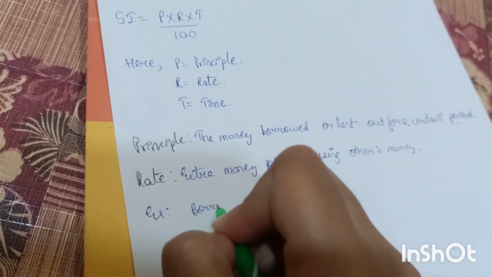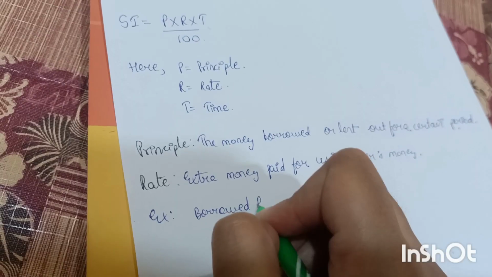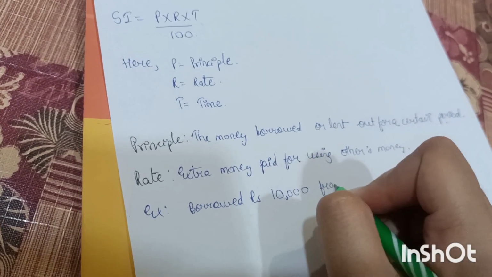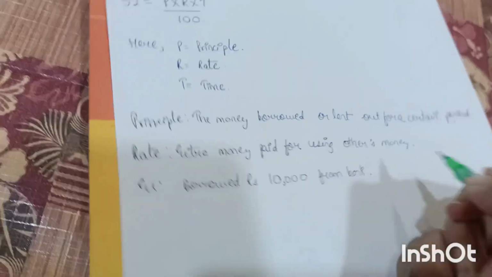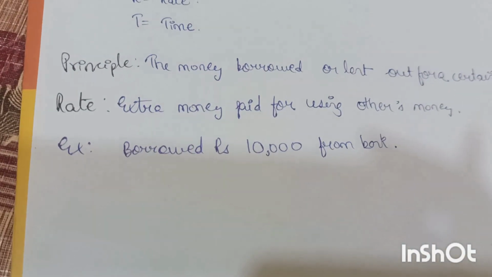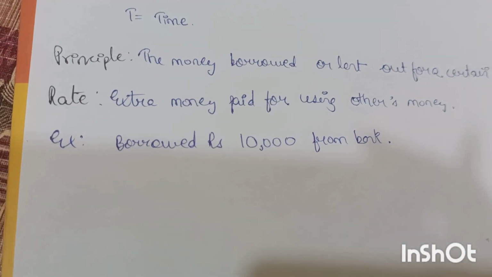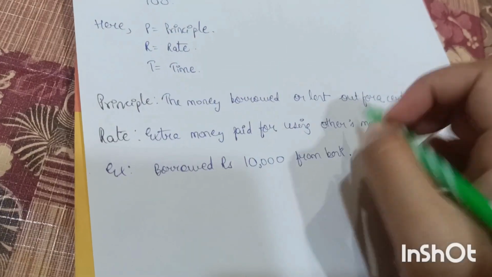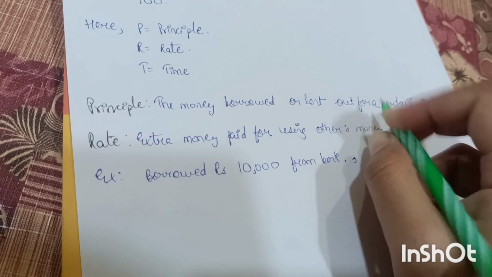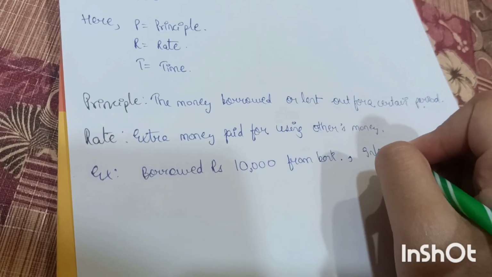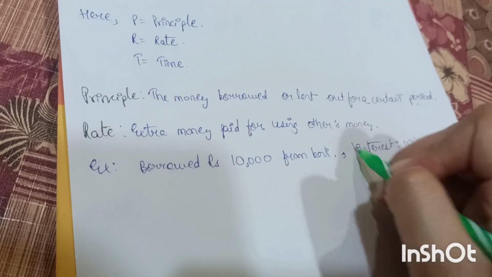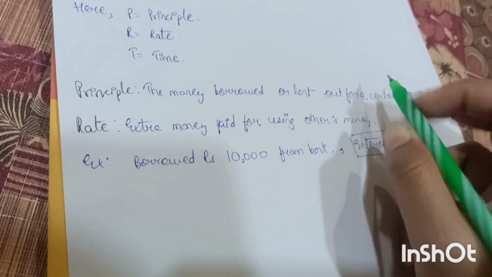Borrowed rupees 10,000 from bank. So you all might be knowing that if you borrow some money from bank, then you have to return the money and you have to also pay some interest. So let's take interest. Over here you have to give 10%. So over here this interest is rate.